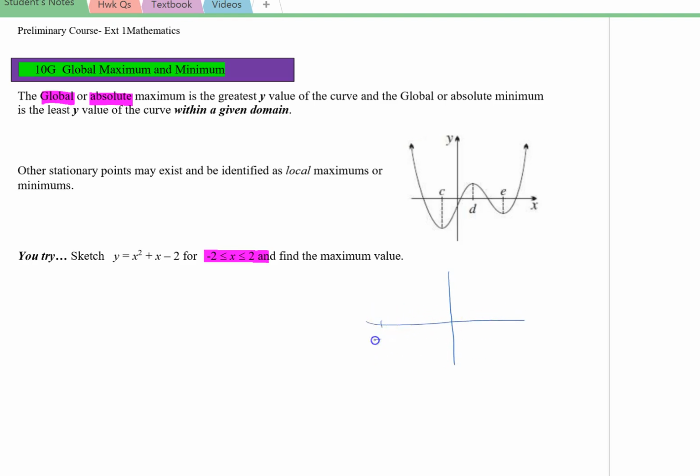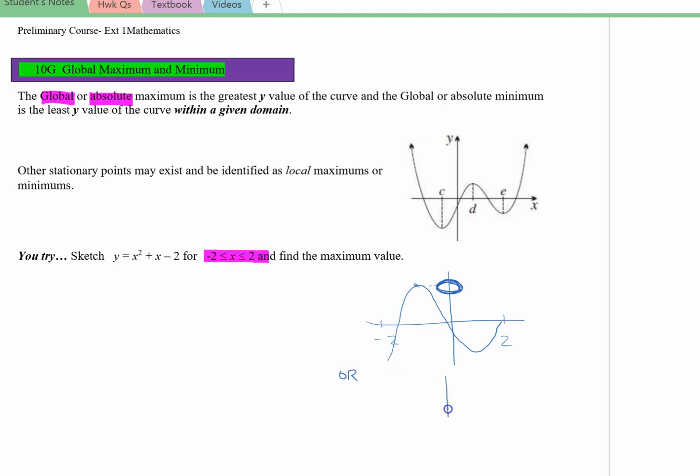So we're going from -2 to +2, and we could have a maximum. That would be pretty obvious if the graph looked like that; we would be reading off this value here, and we would say that's the maximum in the range -2 to 2.